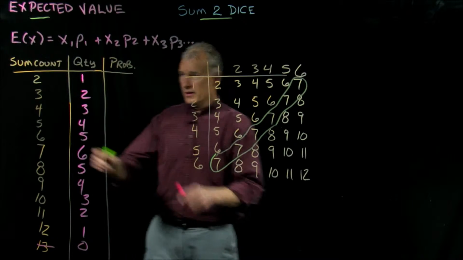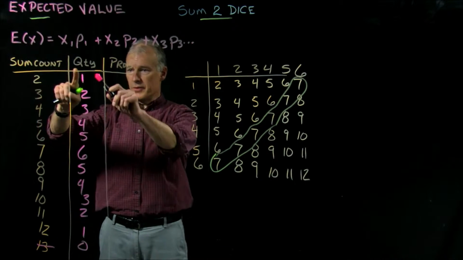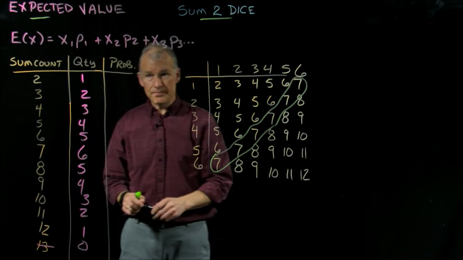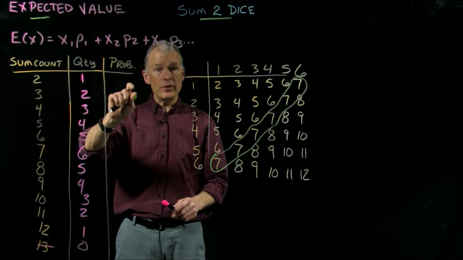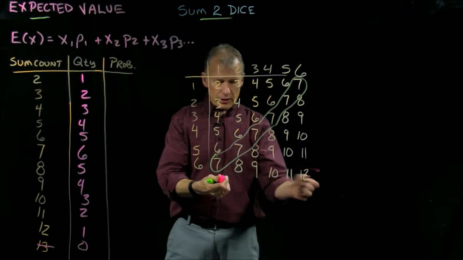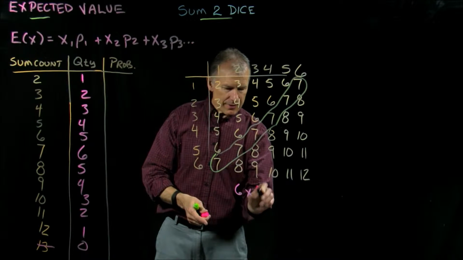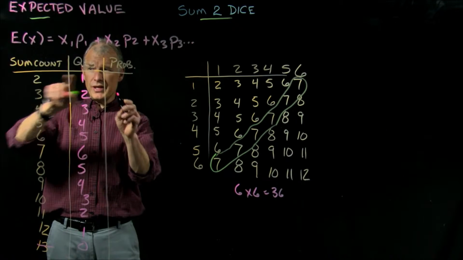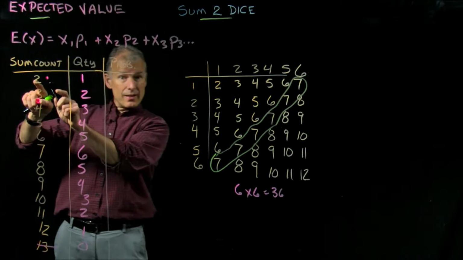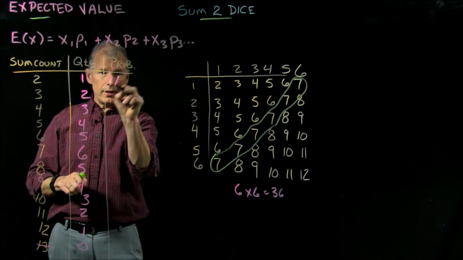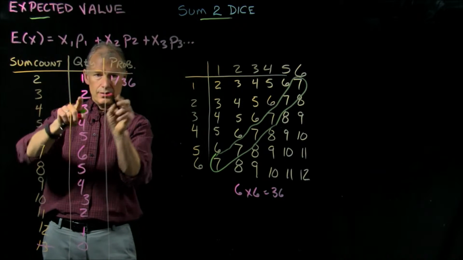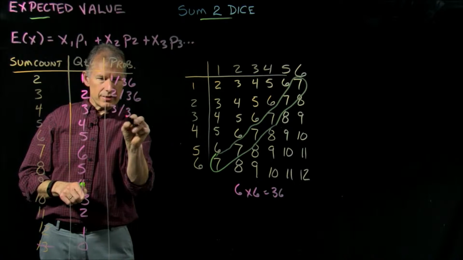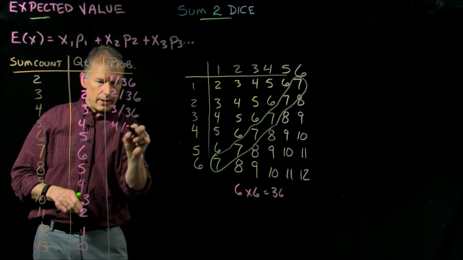All right. So far we have a quantity of each of these sums, right? Next question would be, what's the probability? And of course, if you look over here, 6 times 6 is 36. So what's the probability of getting the sum of 2? It'd be 1 out of 36. 2 out of 36, 3 out of 36, 4 out of 36.